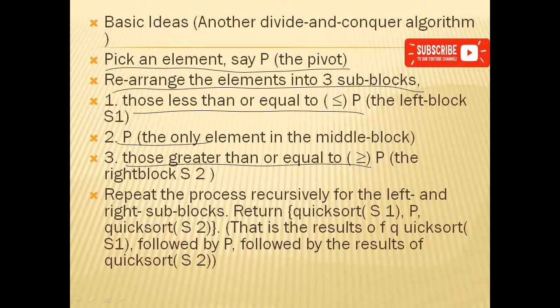The pivot element will be one part, the lesser elements come on the left-hand side, and the greater elements come to the right-hand side. We'll go through one example, then you can understand what is going on in quicksort.